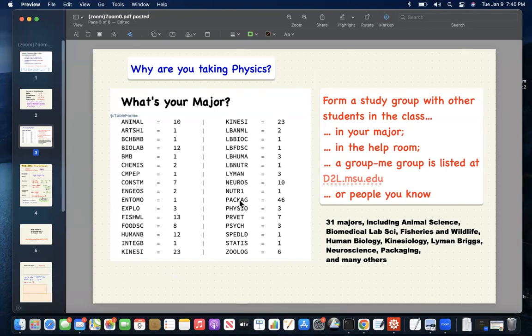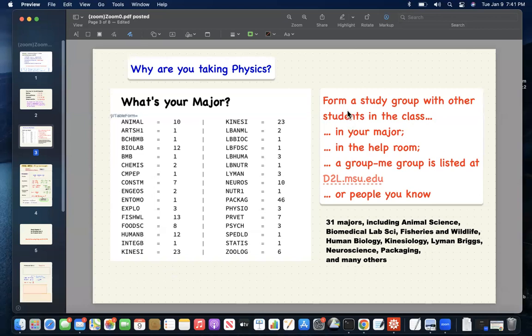There are 46 students in this class who are majoring in packaging. Well, you're probably taking some packaging classes with them. Find them and say, would you like to form a study group for the physics class? Because they're going to be taking physics also. And if you can get 4 or 5 students together, you can work on the homework together. You can ask for suggestions on how to do the problems, how to study for the exams, and so on.